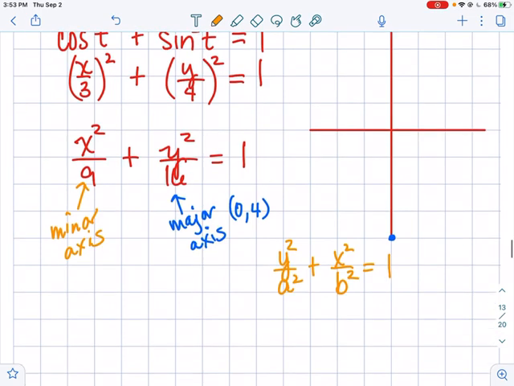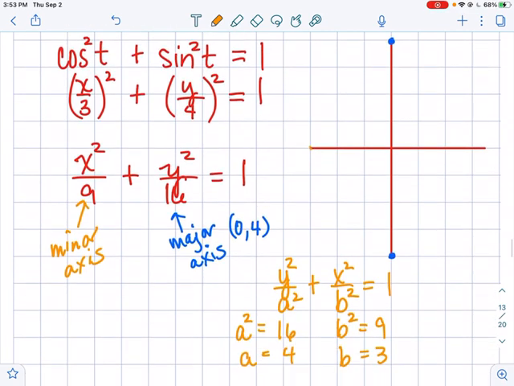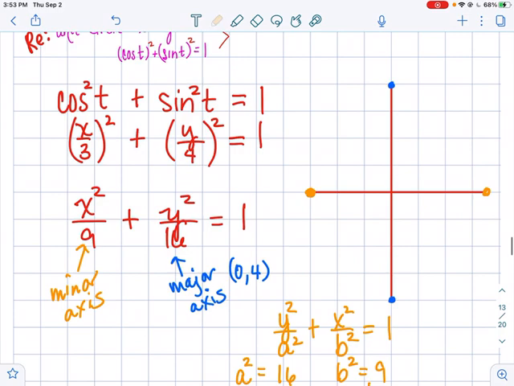So you can see that a squared is equal to 16, a is equal to 4. Here, b squared is equal to 9, and b is equal to 3. So with that, I have plus or minus. So this is what your equation looks like.